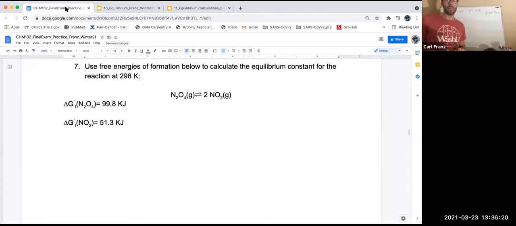We have to get our free energy of reaction. Remember what that is? Again, products minus reactants. So for nitrogen dioxide, they're saying it's 51.3 kilojoules. And that'll be minus 99.8 kilojoules.